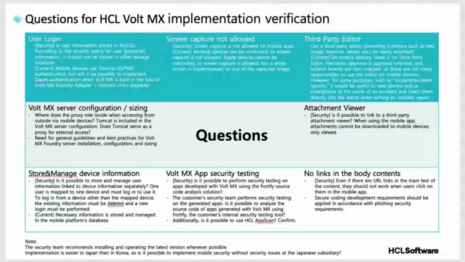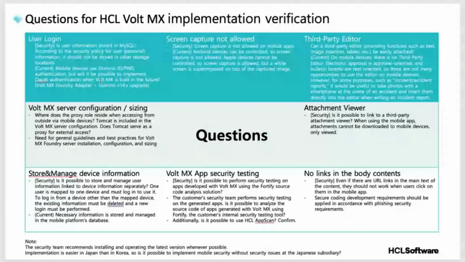Also, the latest version of Domino fully supports OAuth authentication, so they are considering a Domino upgrade. The current version is maybe Domino 12, but the OAuth function is not fully supported.